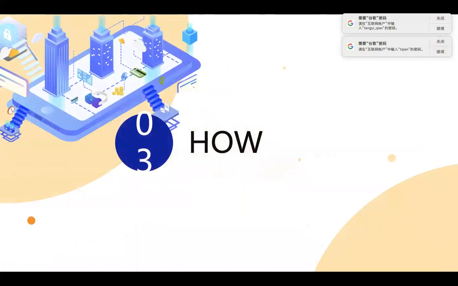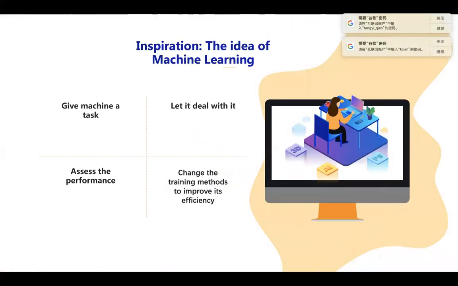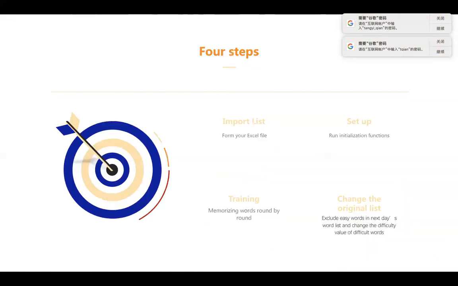And here are my methods. I got the inspiration from the idea of machine learning, which is to give a machine a task and let it deal with it, then assess the performance and finally change the training methods to improve its efficiency. The same thing can happen with humans. So here are 4 steps in my system. First, there's a function to import the Excel file and do the setup and initialization.